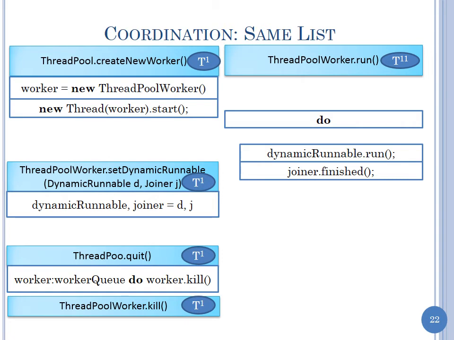Anything else it needs to do based on what we said earlier? Return the worker. So threadpool.finished. Actually, this should be this. Threadpool.finished, this here. Okay. Anything else?